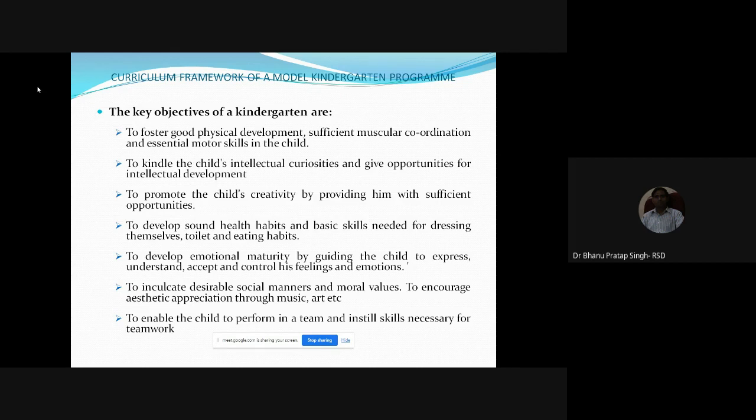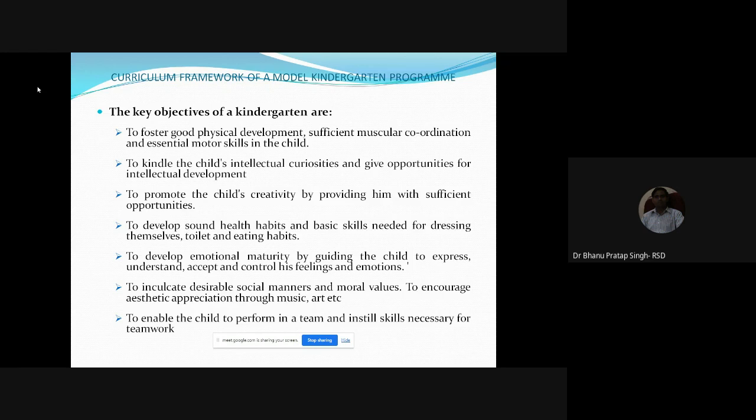To develop the emotional maturity of the child by guiding them to express, understand, accept, and control their feelings and emotions; to inculcate desirable social manners and moral values; to encourage aesthetic appreciation through activities like music, arts, and many other related activities; to enable children to perform in a team, which can be developed through peer groups and playway methods.